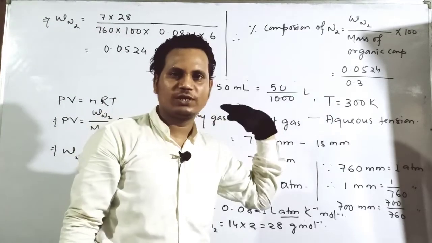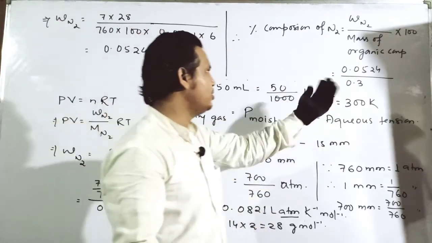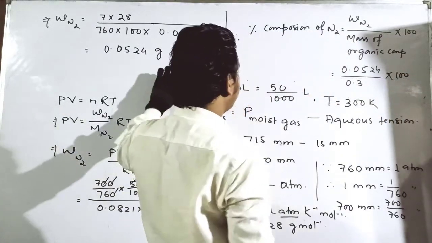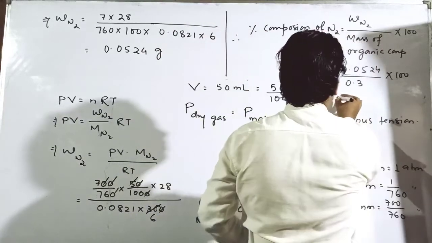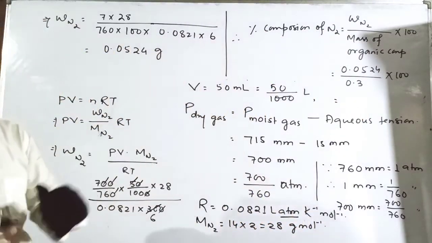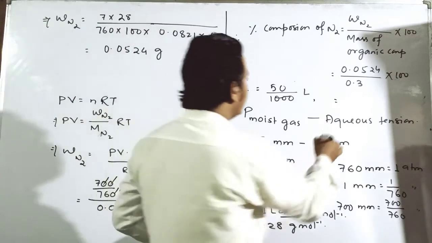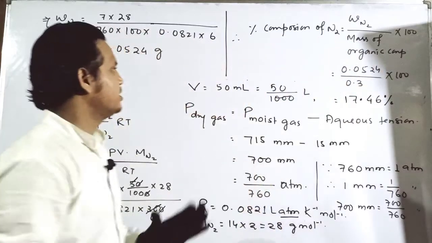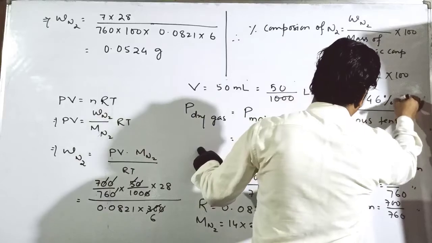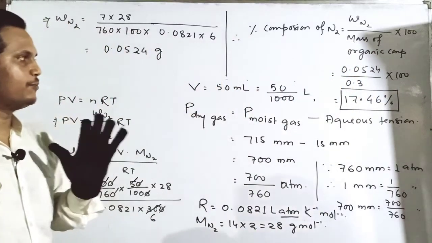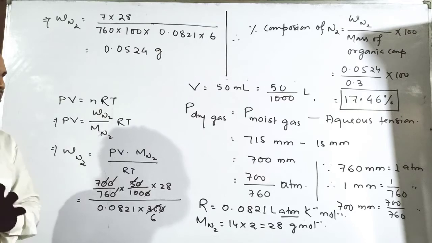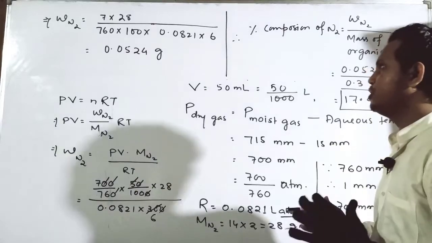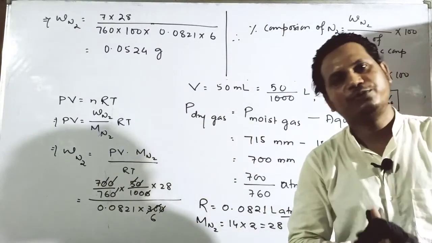You can see in the question. Just go back in the video and you can see. Into 100. Now simplify this. After simplification you will get 17.46%. So this is our final answer. Percentage of N2 in the given compound is 17.46%. So in this way we will find the percentage composition of dinitrogen with the help of Dumas method.